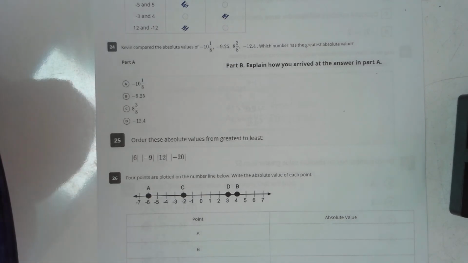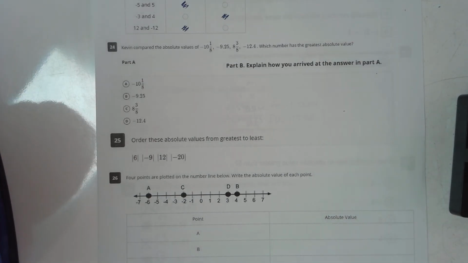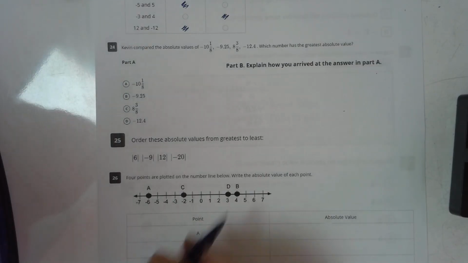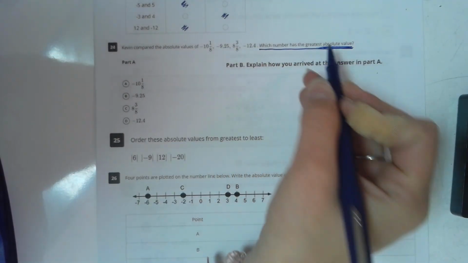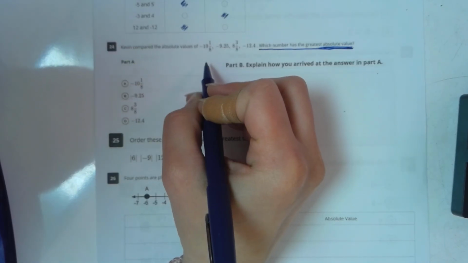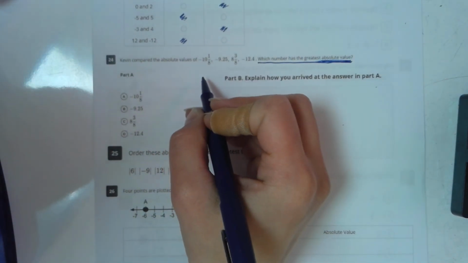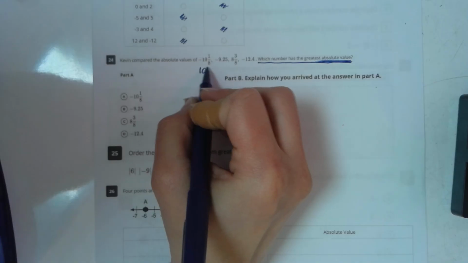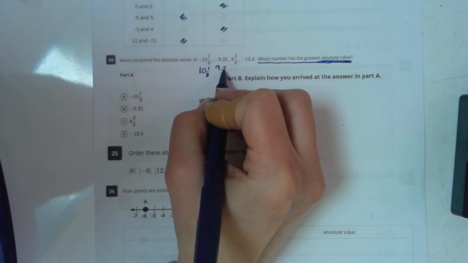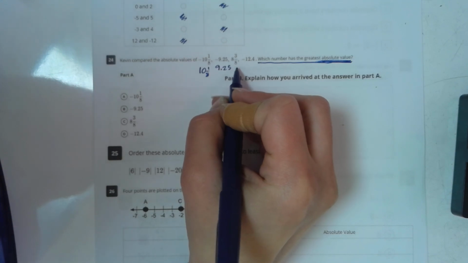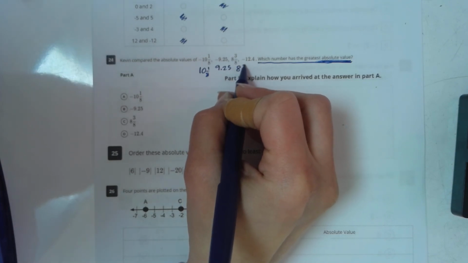Kevin compared the absolute values of -10 and 1/8, -9.25, 8 and 3/8, and -12.4. Which number has the greatest absolute value? You have to be careful here, so I have to find the absolute value of each number. The absolute value of -10 and 1/8 is 10 and 1/8. -9.25 is positive 9.25. 8 and 3/8 would be 8 and 3/8.